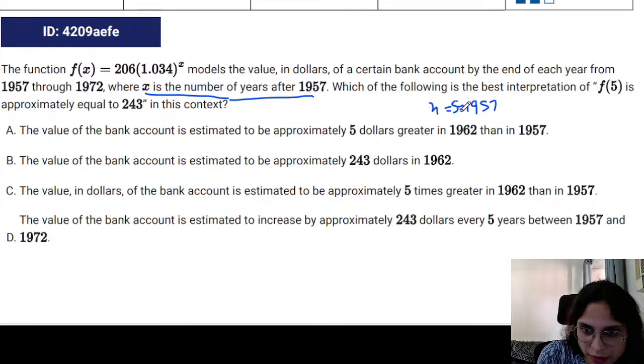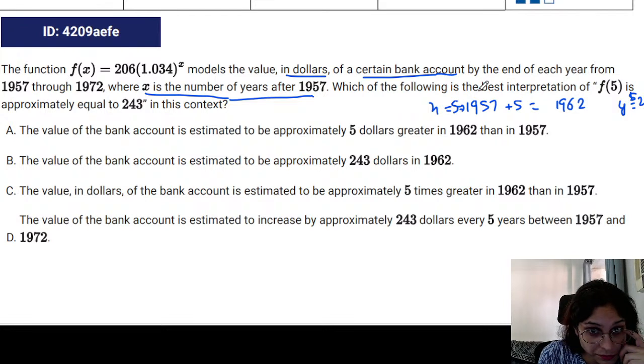X is 5, that means 1957 plus 5, 1962, and y is $243 in a certain bank account. Here x is the number of years after 1957, so the value of x is 5.